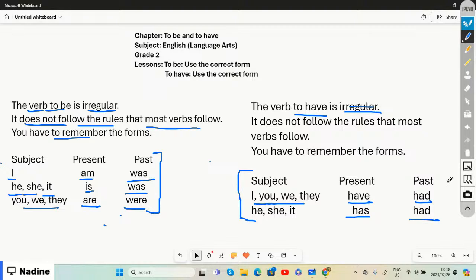All right. And when it comes to our irregular past tense, right? Before we continue and go on to aplusstudents.ca, the verb to be and the verb to have is irregular.